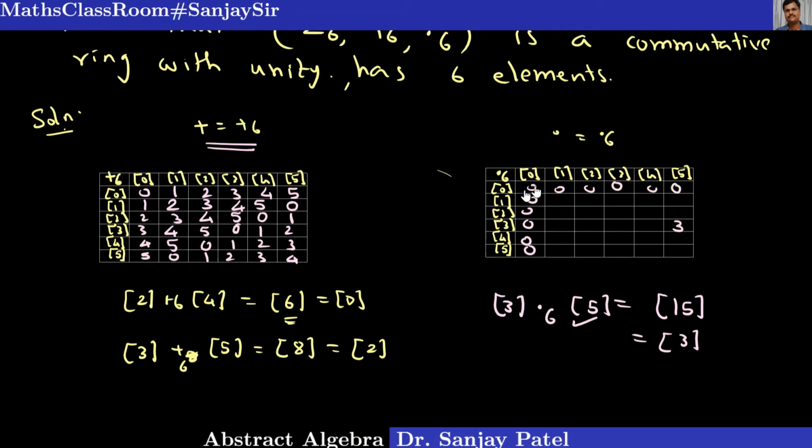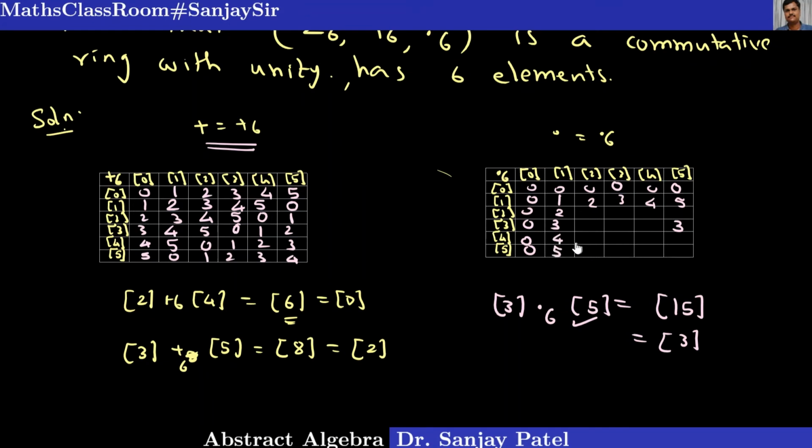When you multiply any element with 1, it remains the same. So 1 into 1 is 1, 1 into 2 is 2, 3. So we will get a copy of the title row here. Same way, if you multiply any of these elements with 1, again you will get the same element. So a copy of this title column. So 2, 3, 4 and 5.